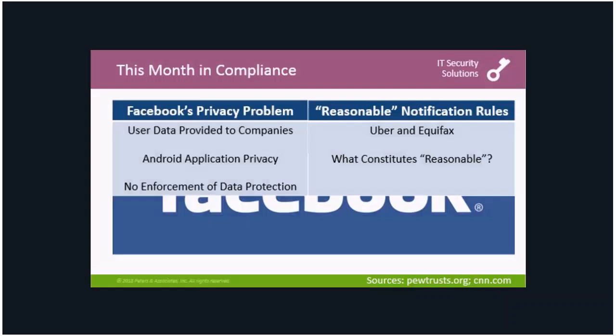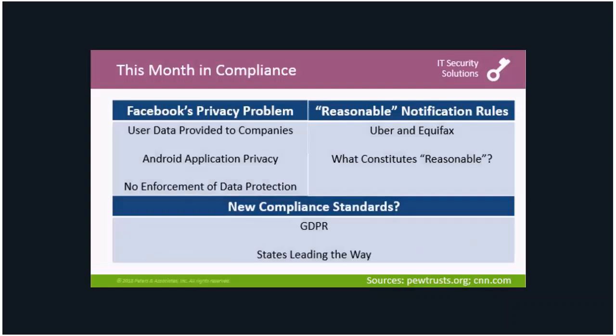That has requirements around reasonable protection for security of personal information, and that extends to not just consumer-facing organizations. Other business-to-business organizations can hold that data as well. So reasonable notification rules are being fought against both Uber and Equifax for the time in which it took users to learn of the breach and learn that they need to go and protect themselves.